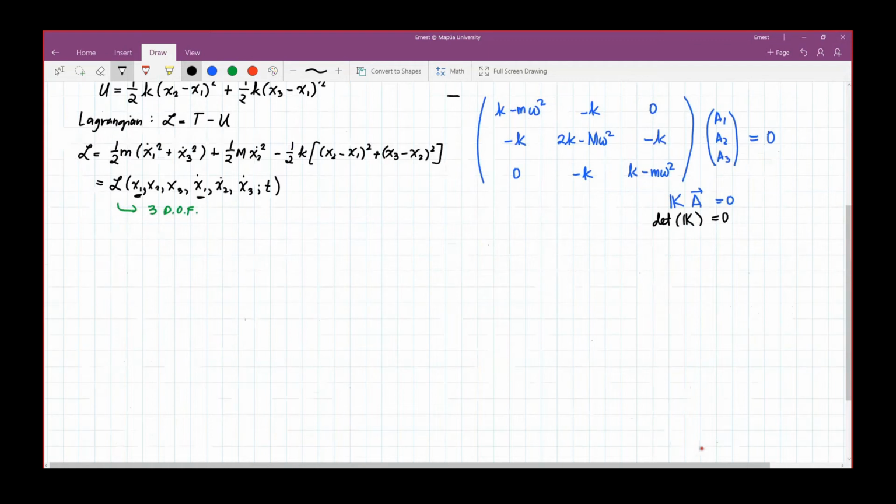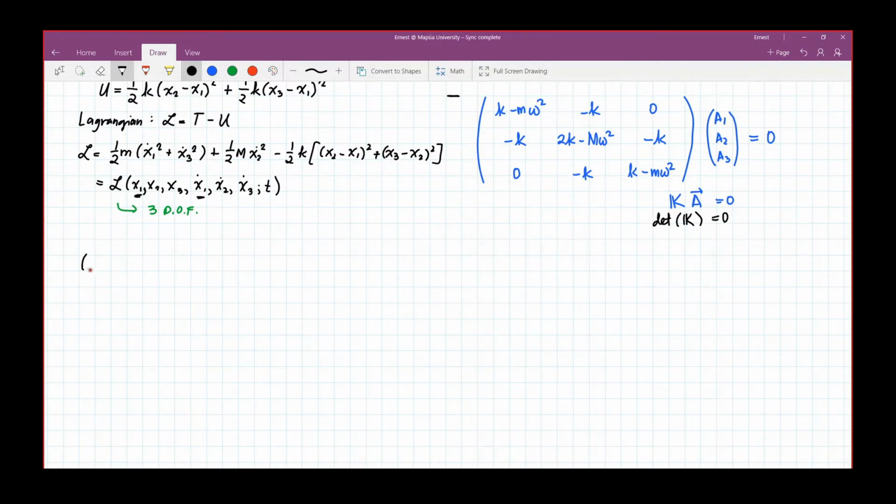Let's do the determinants. Of course, I'm not going to do the detailed computation for the determinant, but let's just compute it here. So this is now equal to this one.